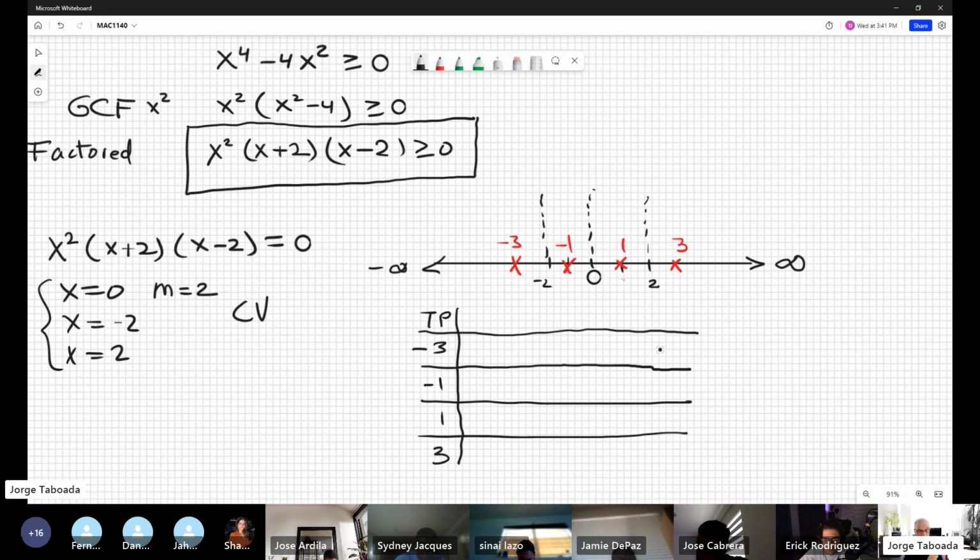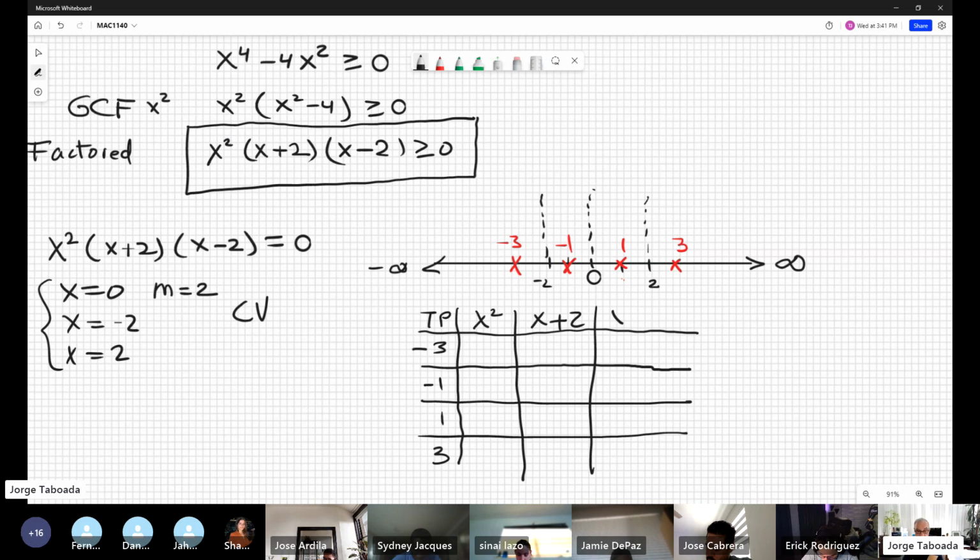Remember, in the columns of the table, I put the different factors of my problem: x squared, x plus 2, and x minus 2. I copy that. And don't forget, important, the total column, because this is the conclusion.